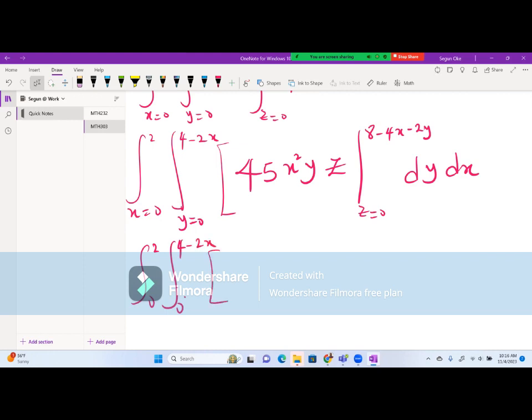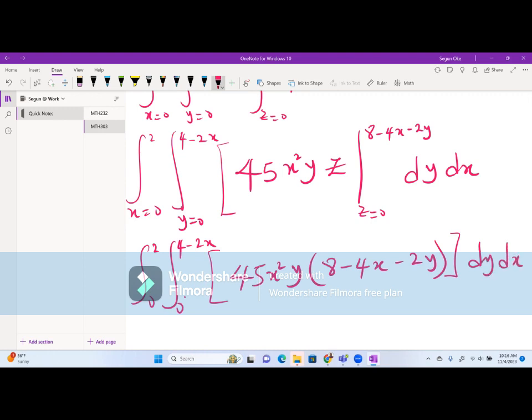Now let's solve this one, 45x squared y into 8 minus 4x minus 2y, dy dx. You can open the bracket or you can leave it the way it is and continue your integration until you reach the final stage. Any question, please?